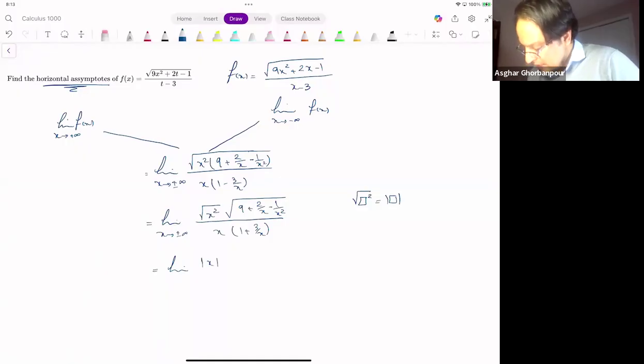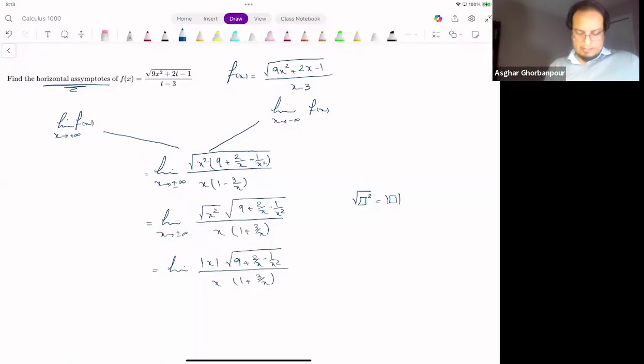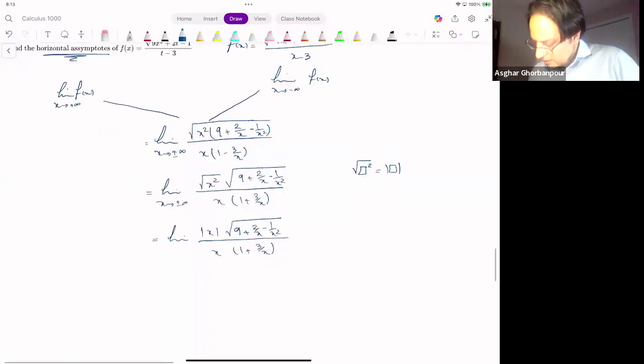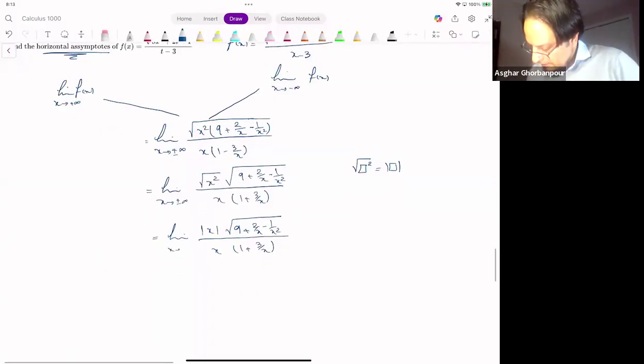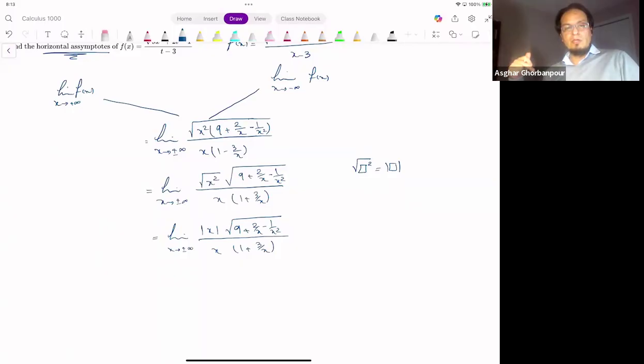So in this case, we end up getting the absolute value over there. So now when we have absolute value, either we're going to plus infinity or we are going to minus infinity.